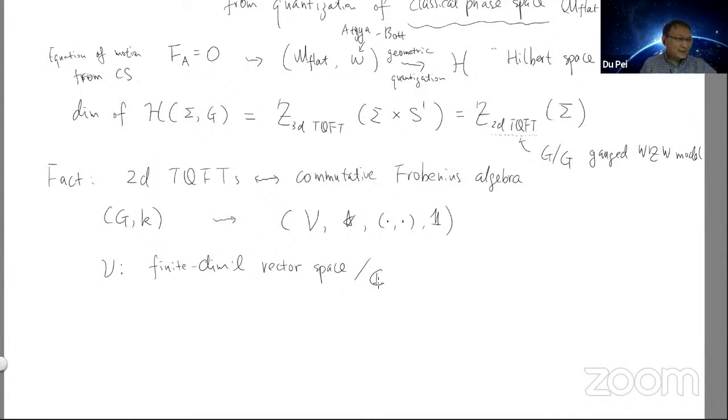So it's a finite dimensional vector space over C, and this, from the point of view of 2D TQFT, is the Hilbert space of the 2D TQFT on S1. So Z here is for this 2D TQFT.